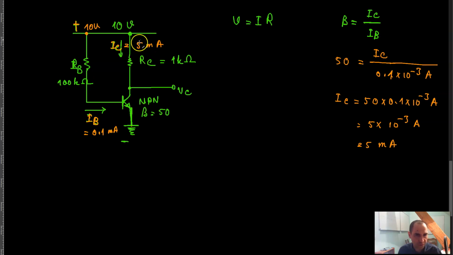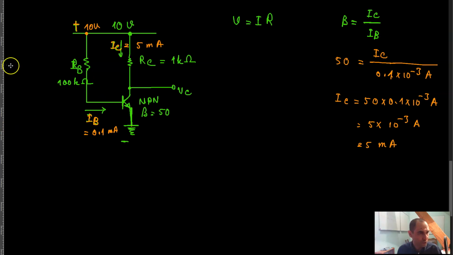If you multiply the base current by beta, you will get your collector current, meaning that the collector current is always greater than the base current, right?